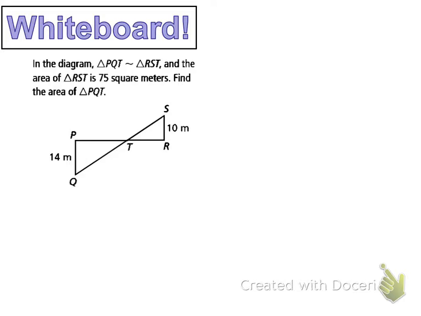So, first of all, 7 is PQT, right? Isn't that the area you don't know? PQT. So these two aren't from the same triangle, and these two aren't from the same triangle. So you're gonna just look them up.